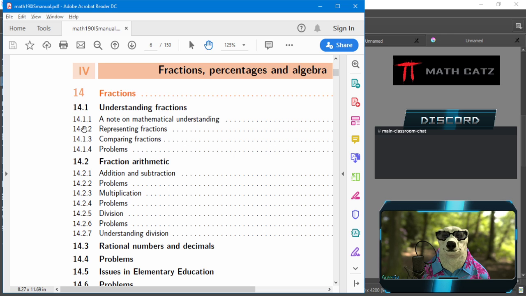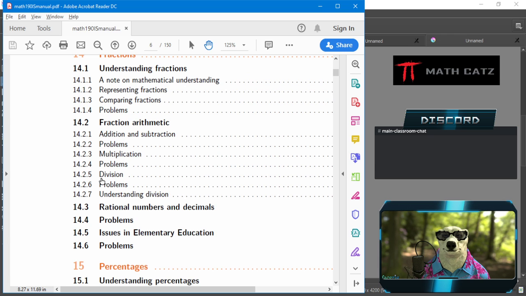So we start out small with 14.1. How do we represent a fraction? You could do it with a circle, with pizza pie slices. It's a little hard for me to draw, so I'm going to stick to my rectangle pizza, but it's the same concept. And then there's a lot of time on fraction arithmetic. Can I use those basic diagrams to explain, just like the number line and the chip model explain how to find an answer to the arithmetic question?